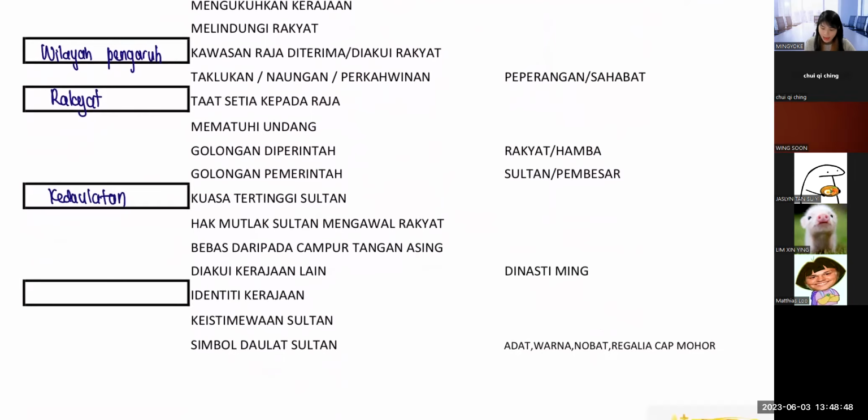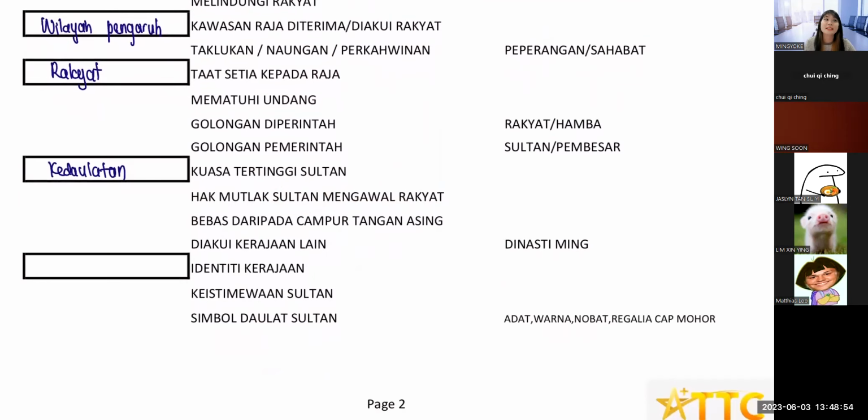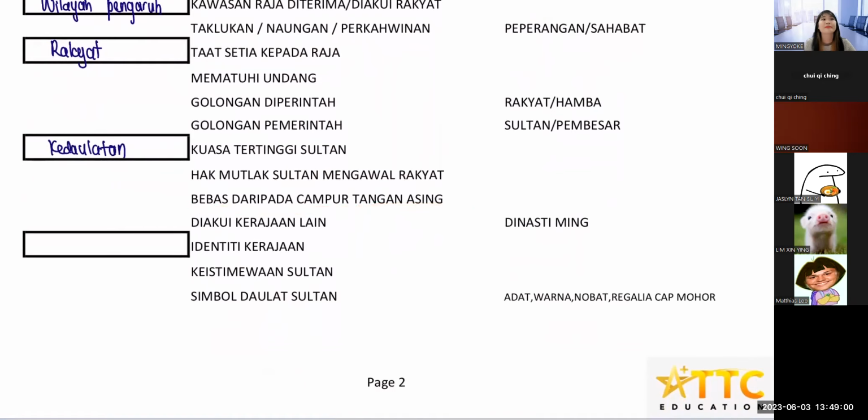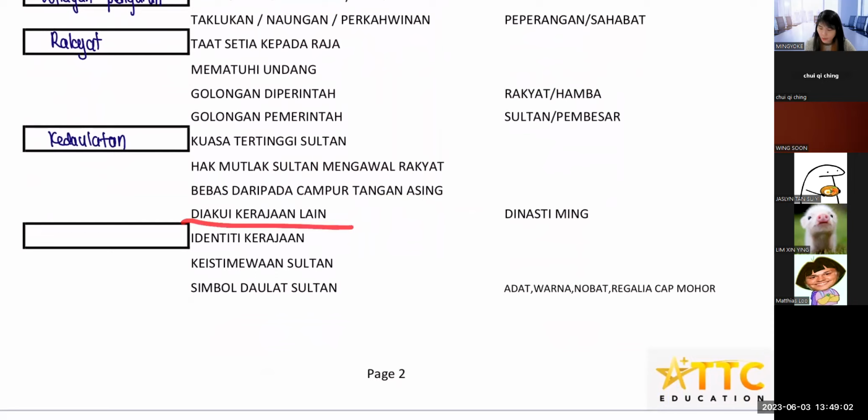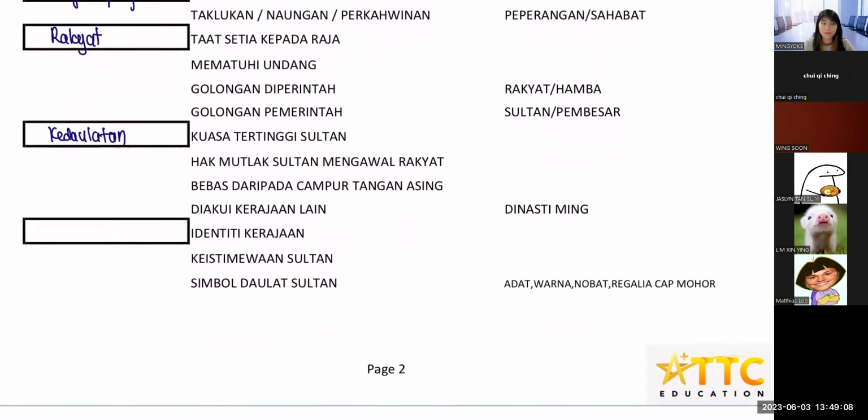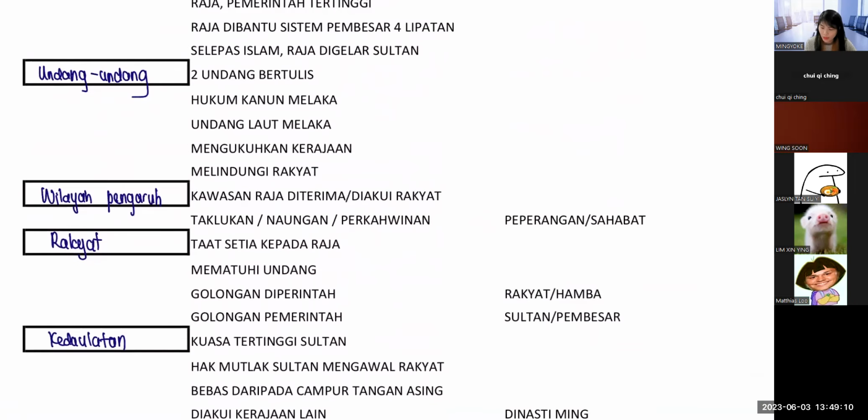Selain itu, hak mutlak sultan untuk mengawal rakyat. Selain itu, kedaulatan juga bermaksud bebas daripada campur tangan asing dan diakui kerajaan lain seperti dinasti Ming. Okay?